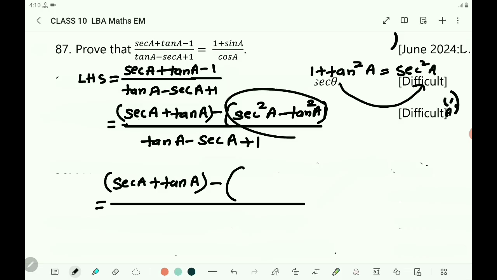Here you got this in the form A square minus B square. Here 1 you have taken secant square A minus tan square A, and write this in the form of factors a minus b into a plus b.